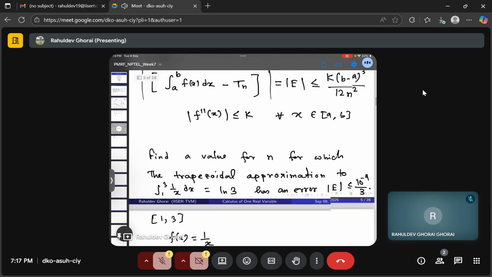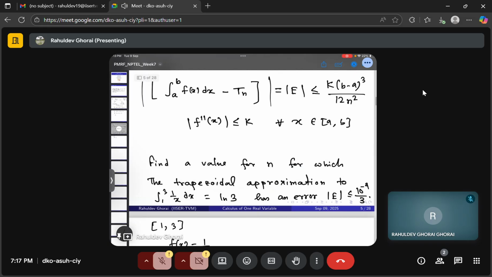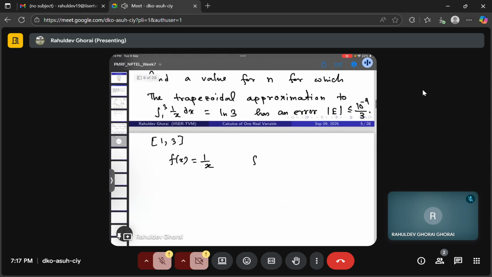As we know this, we need f double prime of x. f prime of x is minus 1 over x squared, and f double prime of x is equal to 2 by x cube, and that is decreasing on the interval 1 to 3, right?